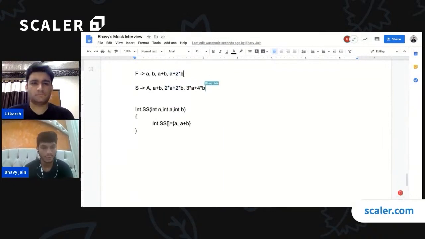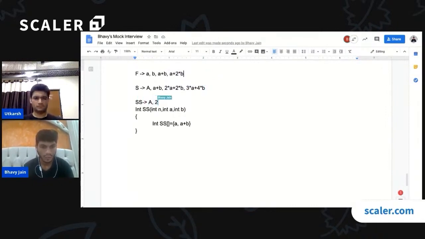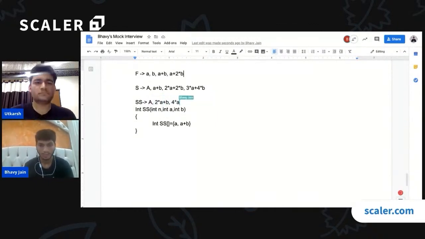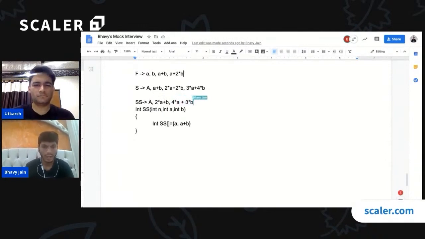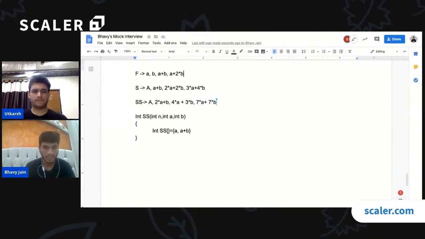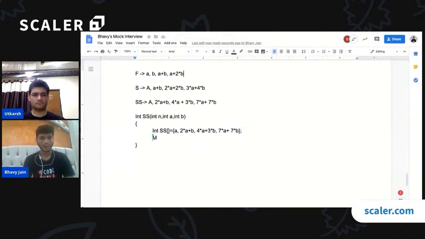Again, we'll find the prefix sum of S to get SS, and this should be A, 2A plus B, then adding 2A plus B and 2A plus 2B, it should be 4A plus 3B, and then we'll add 4A plus 3B and 3A plus 4B, so it should be 7A plus 7B. So let's initialize these values here: A, 2A plus B, 4 into A plus 3 into B, 7 into A plus 7 into B. So this is our matrix.